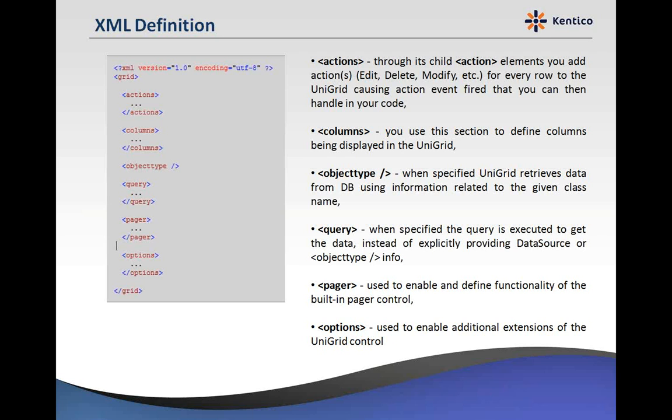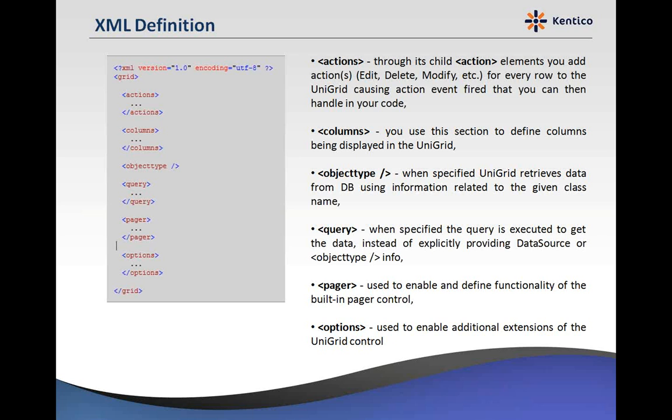And the last section is the options section, and this element is used to define additional settings and special features of the UniGrid control. You specify the options using the child key elements, and we will cover the specific elements for every section right now.